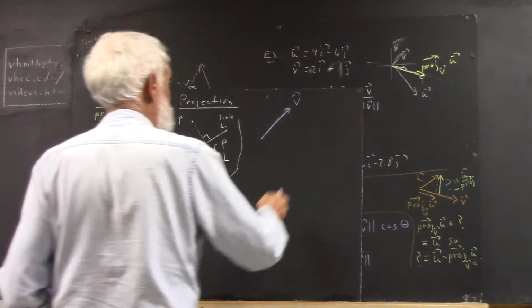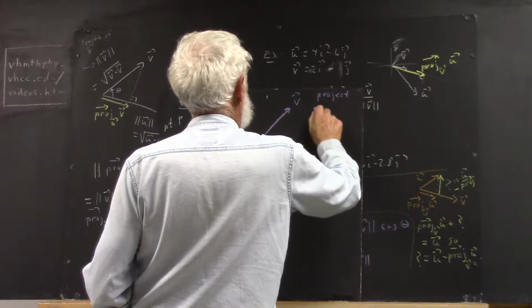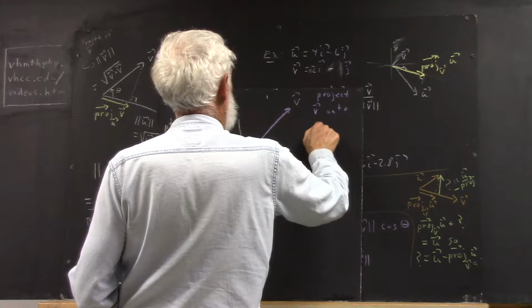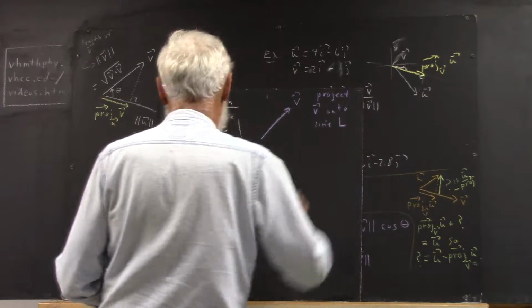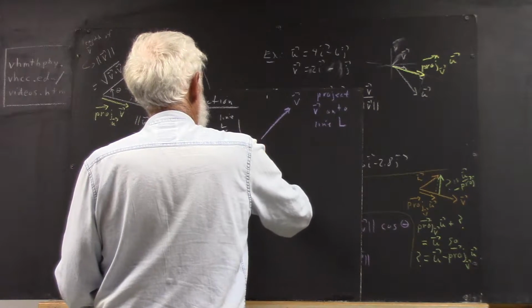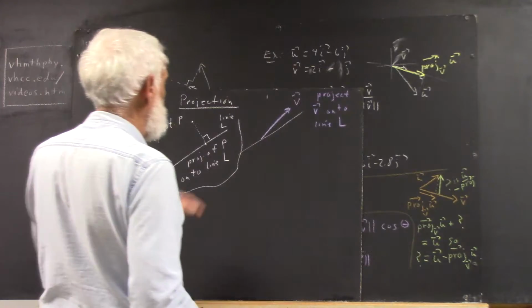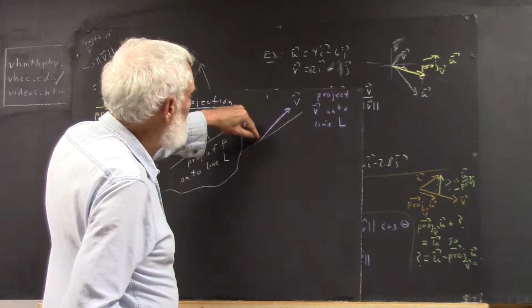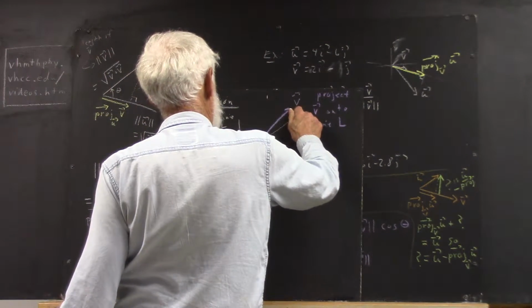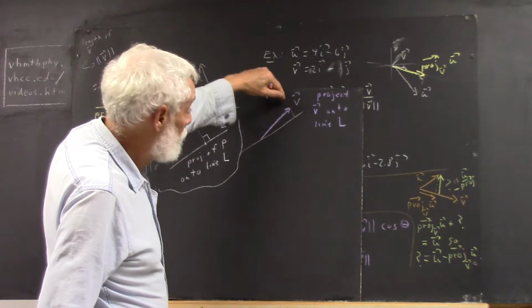And we want to project V onto the line L, where L, again, is just some line. Okay, how do we do that? Well, we put the vector V with its initial point on the line, and then we simply project the tip of V, the terminal point of V, onto the line.